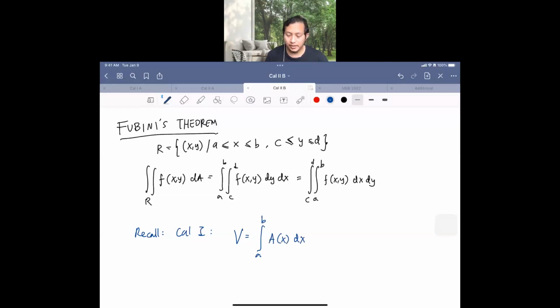The cross sections A. So if you remember, this is f of x, and if this is the x-axis and we rotate this, we have the solid of revolution, right? If we take this as our small pieces, we would have a disk like that, and this disk is basically composed of dx and the area. If we take the area as a function of x, we could write it as something like this, right?